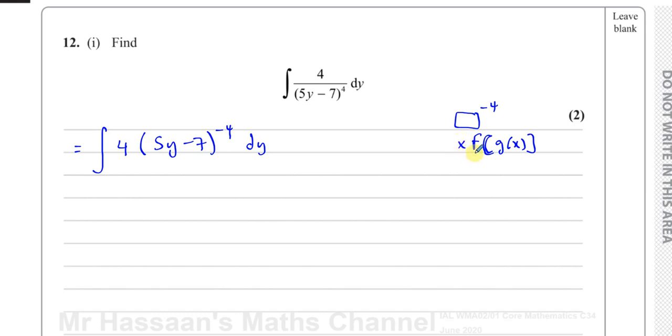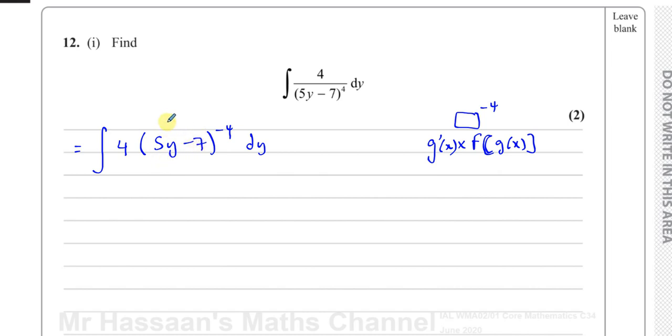If you can see that the whole thing is multiplied by something in the right order of the differential of what's inside the function, then you can use the reverse of the chain rule.